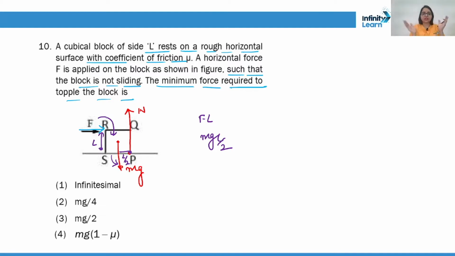So these two directions are opposite. So basically torque produced by F should be greater than or equal to torque produced by mg. So F should be greater than or equal to mg by 2, right? So minimum force should be mg by 2 so that this block can topple. So the correct answer is option 3.